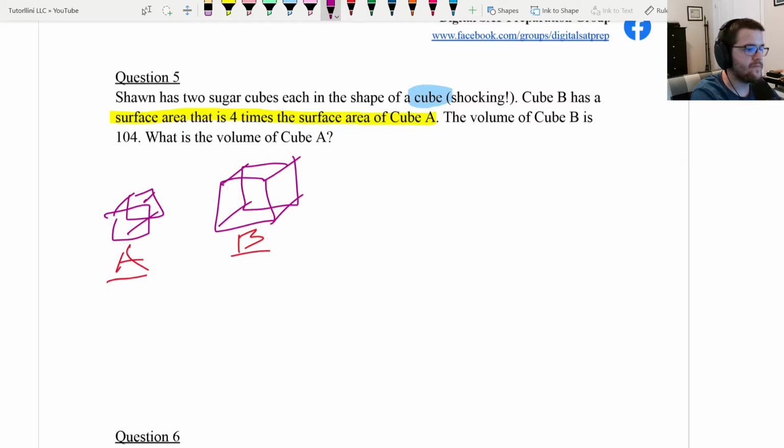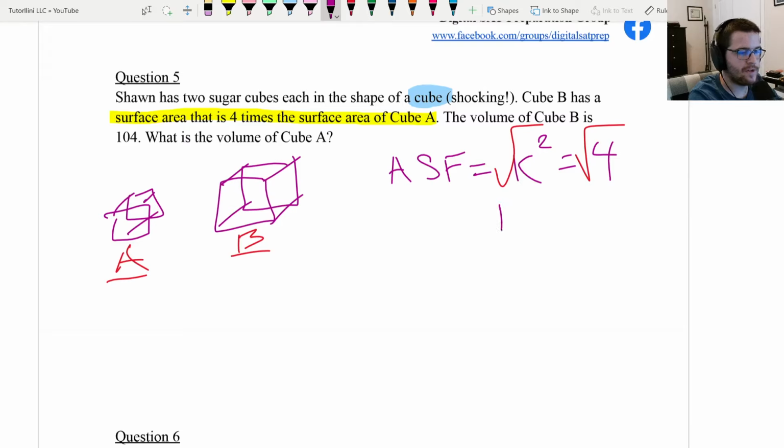And it says that we have an area scale factor, because surface area is area. It's just the area of all the surfaces added up. So this is k squared, which is 4. We're going to take the square root of both sides. The square root of 4 is 2.